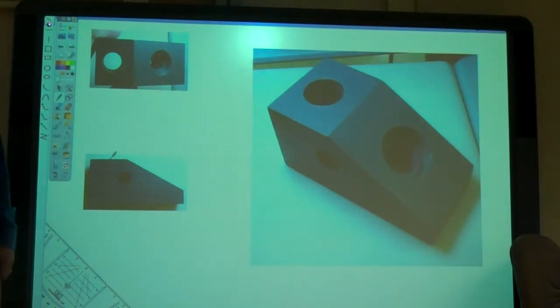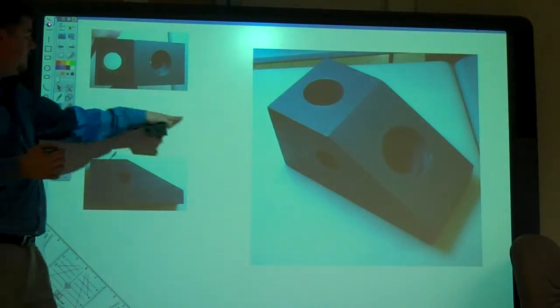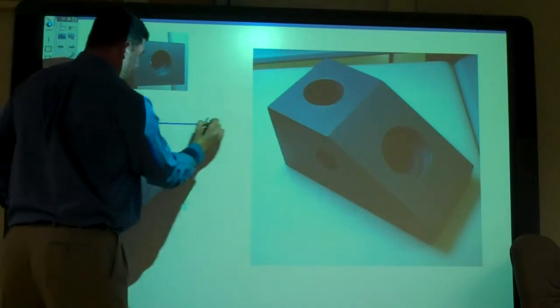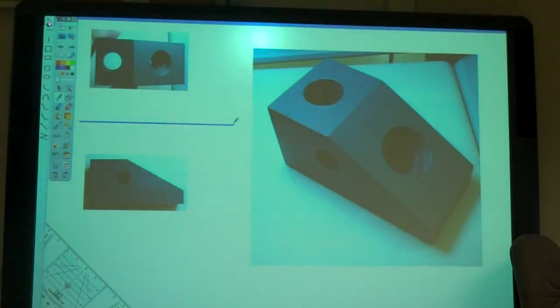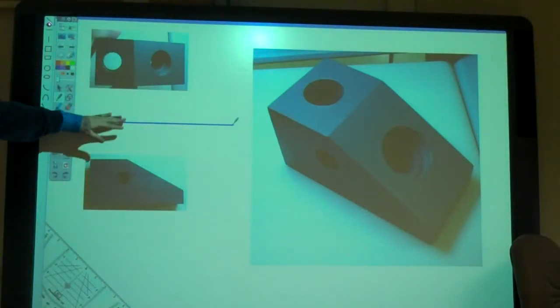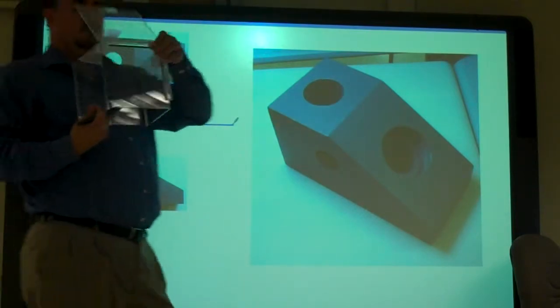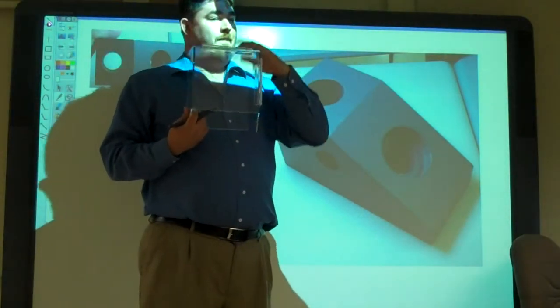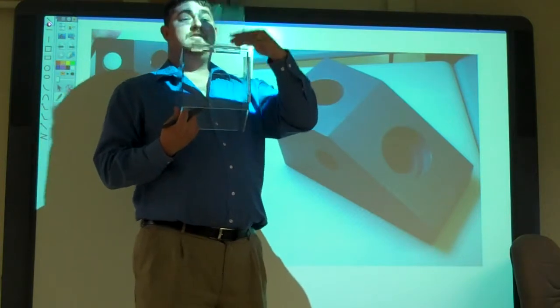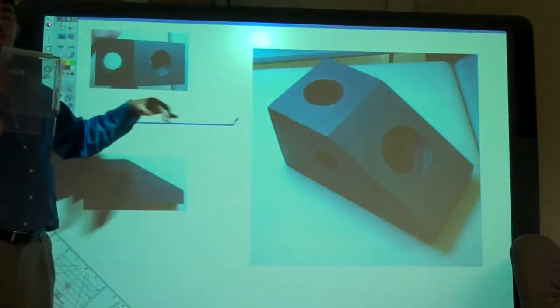So we can do what's called a folding line. Right here, there's an imaginary line. This is kind of going over the box. Remember our box? Remember our fold right here, where the hinges are? That's the blue line.